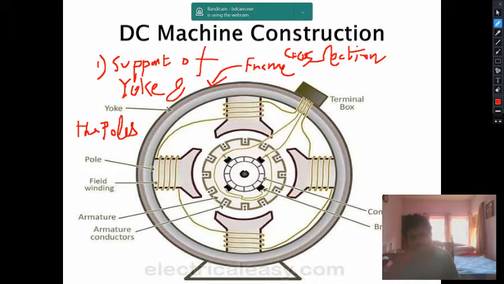This is how the magnetic field is produced with the help of the poles. So this is the purpose of poles.